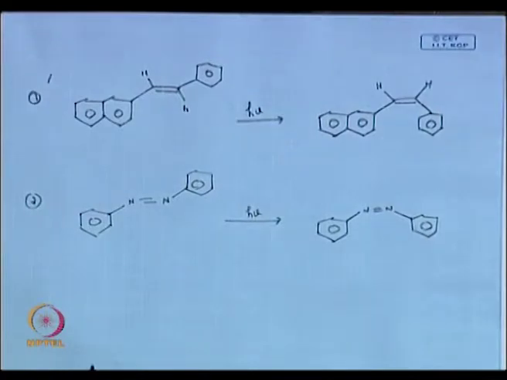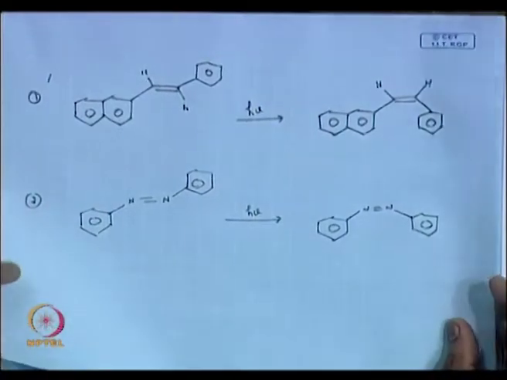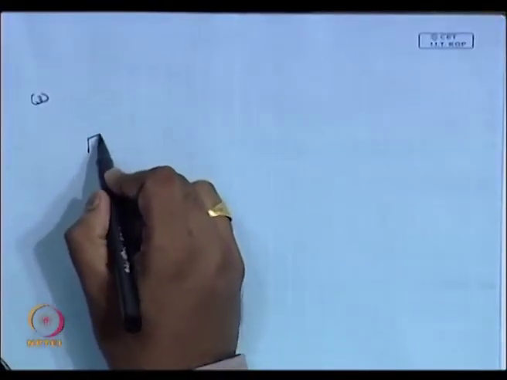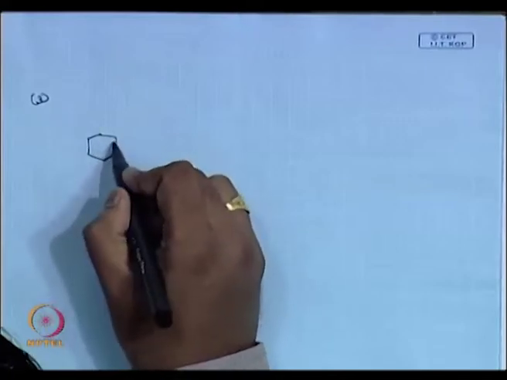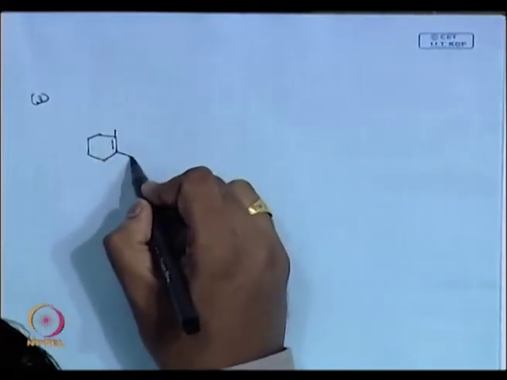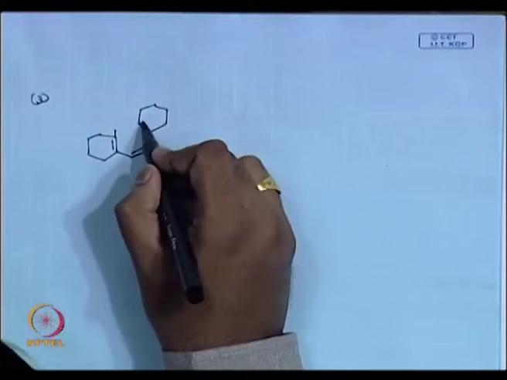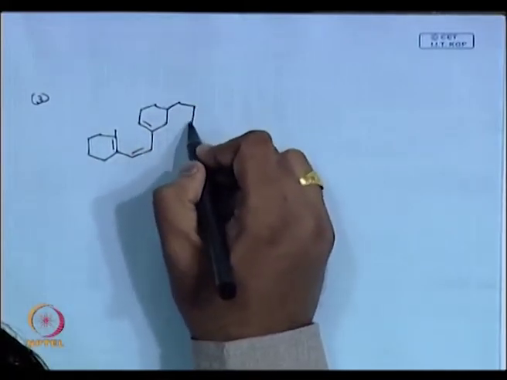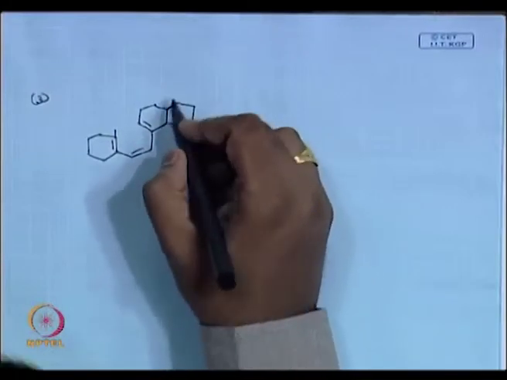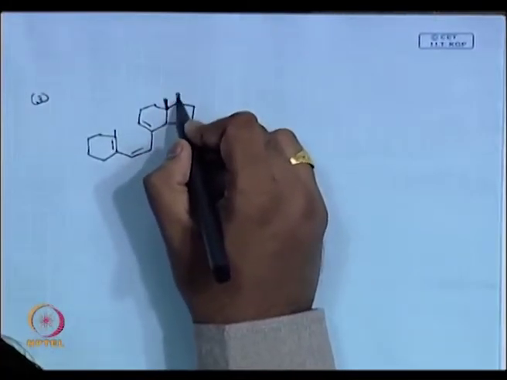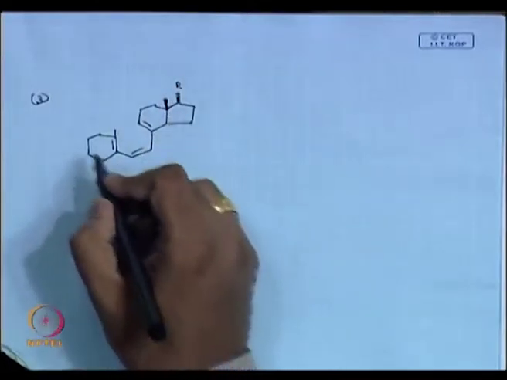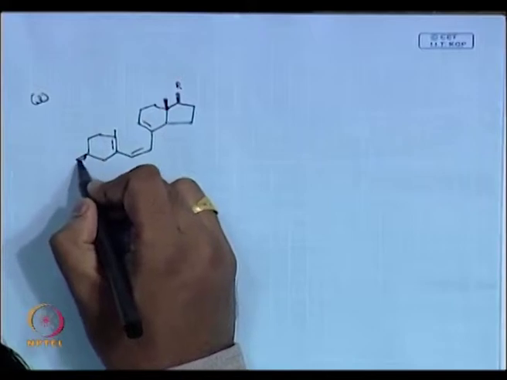Now, we will take one natural product and see how we can draw cis and trans. Okay, just your natural products which you know. What is this compound?